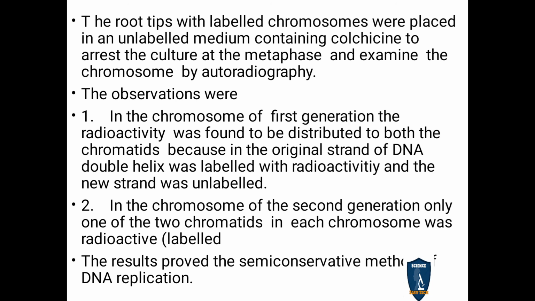What they observed in the first generation is that both chromatids were labeled, original one and new one. And in the second generation, one of the two chromatids is labeled, and it is acting as semi-conservative.